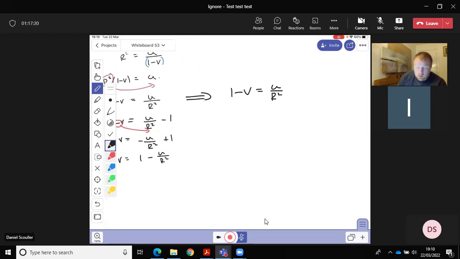At this stage we've got that. I want to isolate this v as part of the question, and I want that to be positive. Currently it's negative, but if I take it to the other side, it becomes positive. So I could do 1 equals u over r squared, positive v.